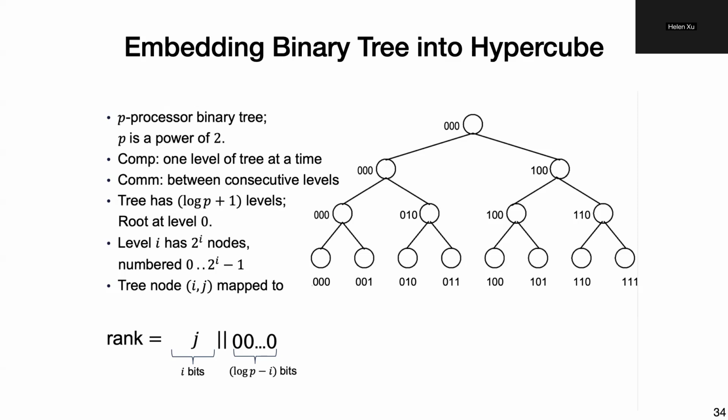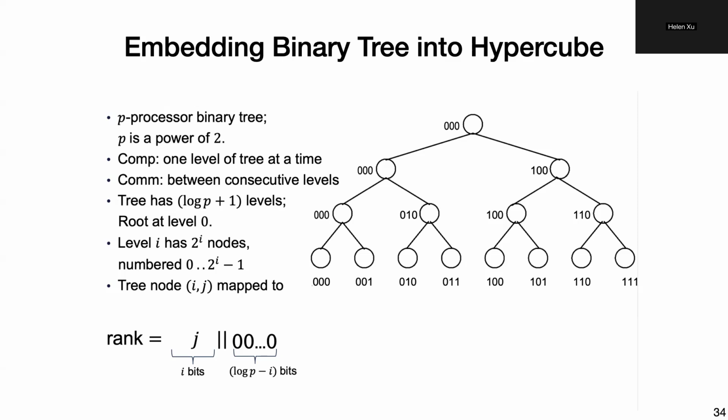So this is the formalization. The tree has log p plus 1 levels, and the root is at level 0. The way that you assign it into this hypercube, we can have this tuple where i is the height of the node, and j is the index of that node in the level, labeled 0 up to 2 to the i minus 1.